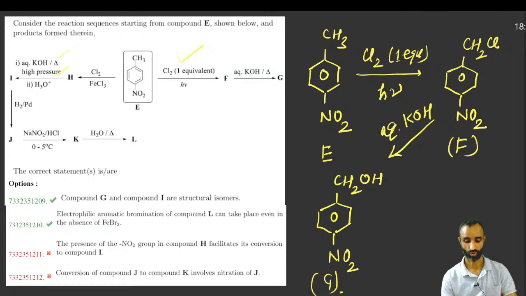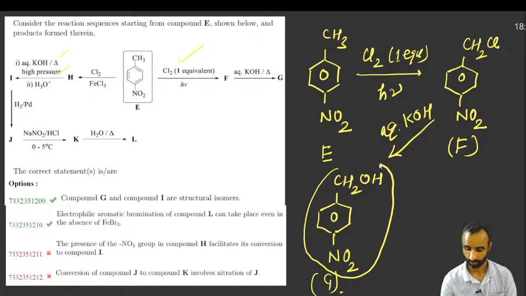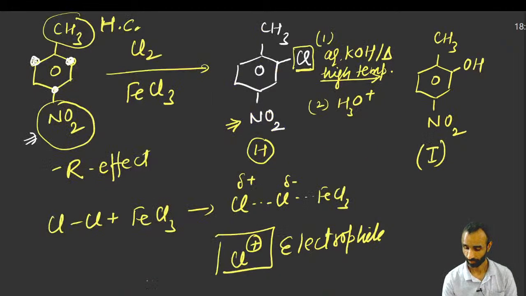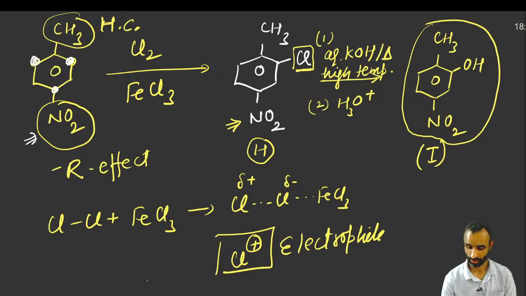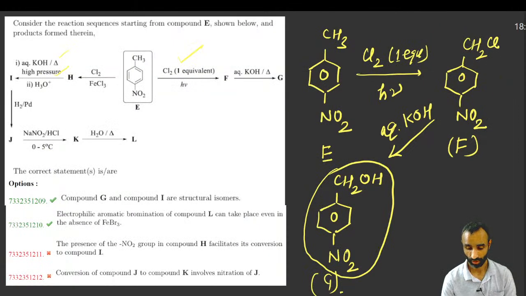Okay, now question is, compound G and I are structural isomers. So this is G. And what is I? Yes, so in here it is phenol and this is alcohol.